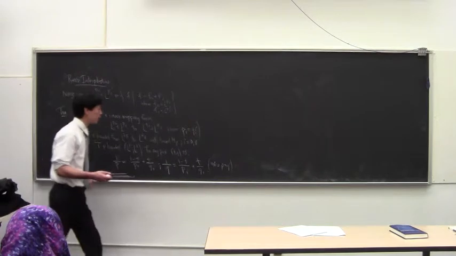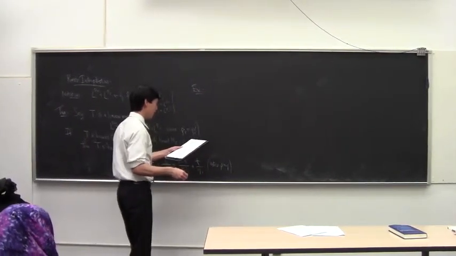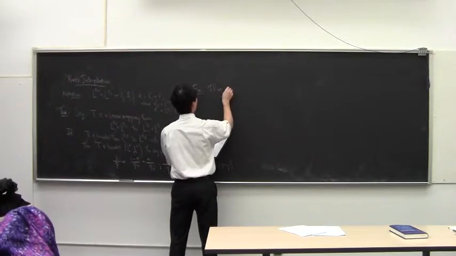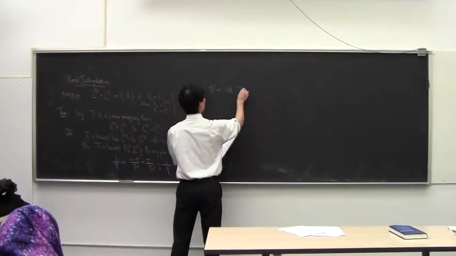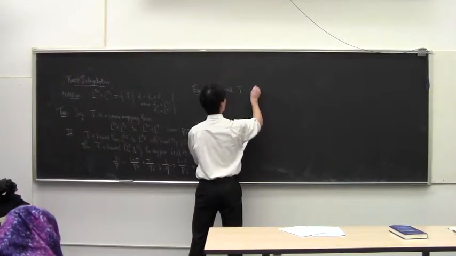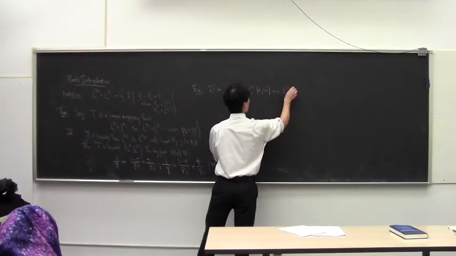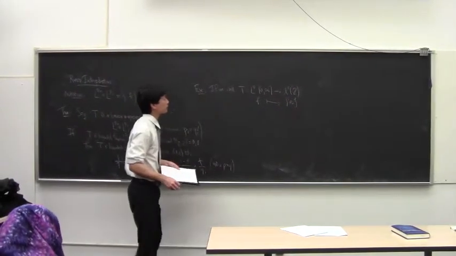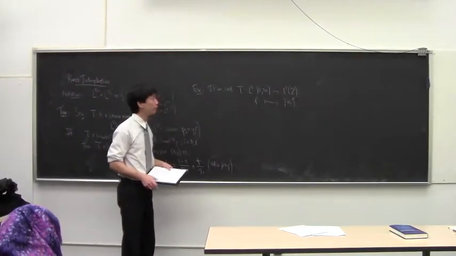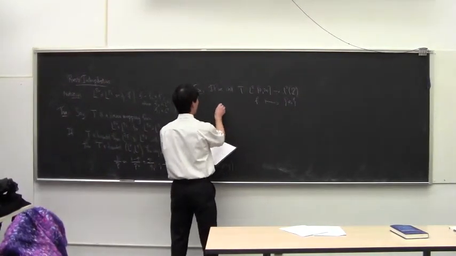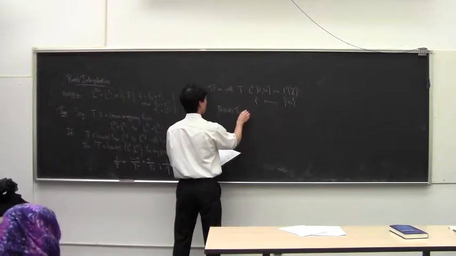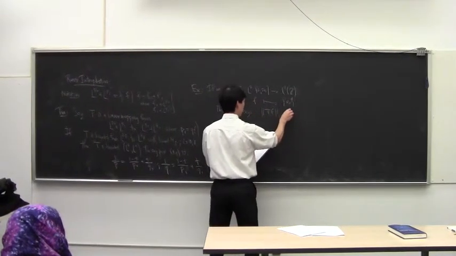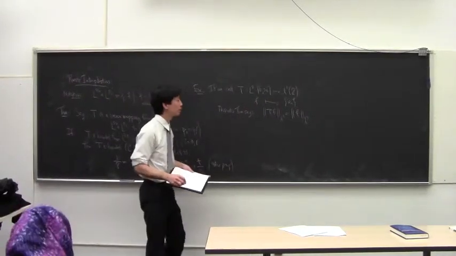Okay. So, for example, what we were just talking about: if we call T from L2 of 0 to pi to L2 of Z the map from f to its Fourier coefficients, well, Parseval's theorem says, as we said before, that the L2 norm of Tf equals the L2 norm of f.